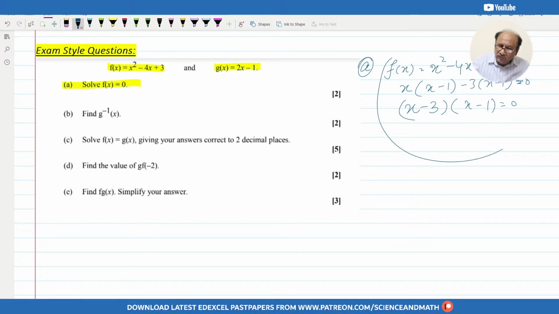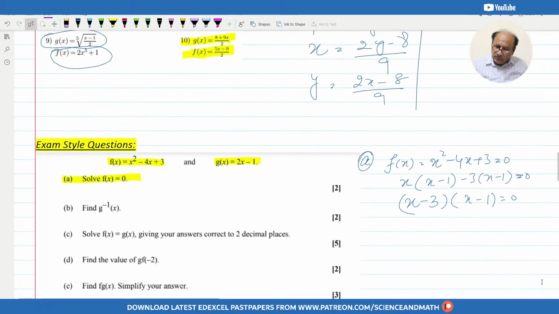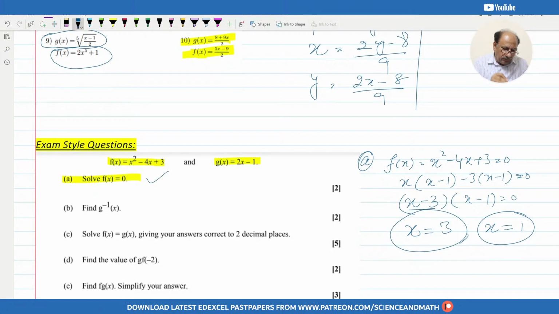If you are confused about this factorization, you can go through the live stream which I have already uploaded. We have done this factorization. Now we can write x is equal to 3 and x is equal to 1. These are the two solutions. Part A is done.